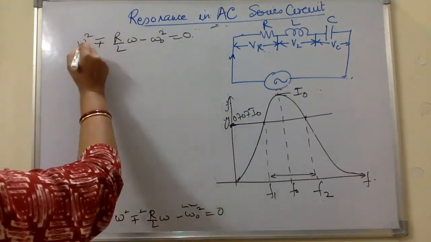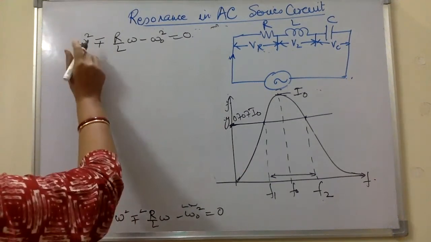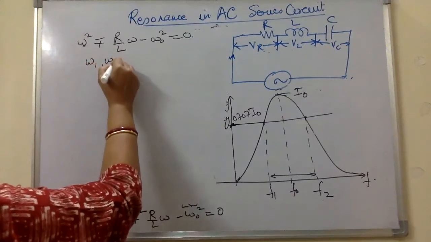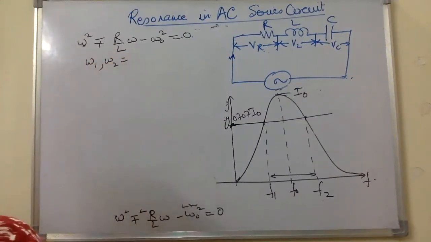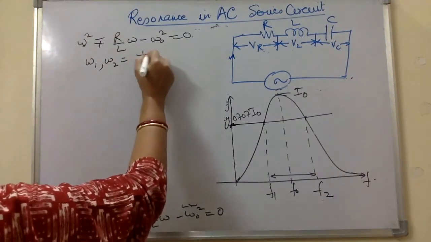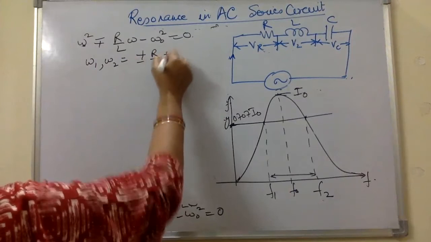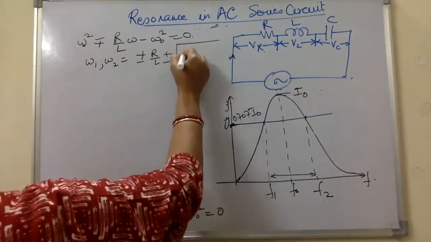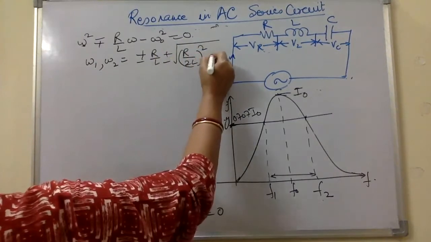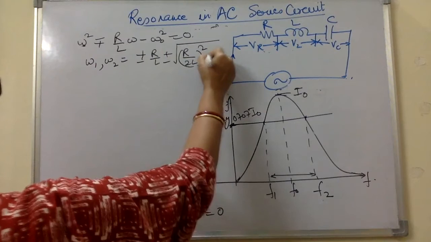So this is the quadratic expression in terms of omega, and when you want to find out the roots of omega, the two roots will be equal to plus minus R by 2L plus minus under root of (R by 2L) whole square plus omega 0 square.